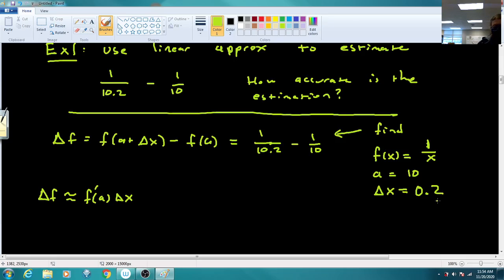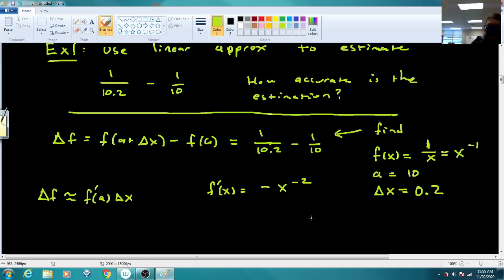So when we go to solve this and get our estimate, here's f of x. I need to find f prime of x. If f of x is 1 over x, it's the same as x to the negative 1. I'm just doing this so we can use the power rule to make it easier. That'll be negative x to the negative 2.